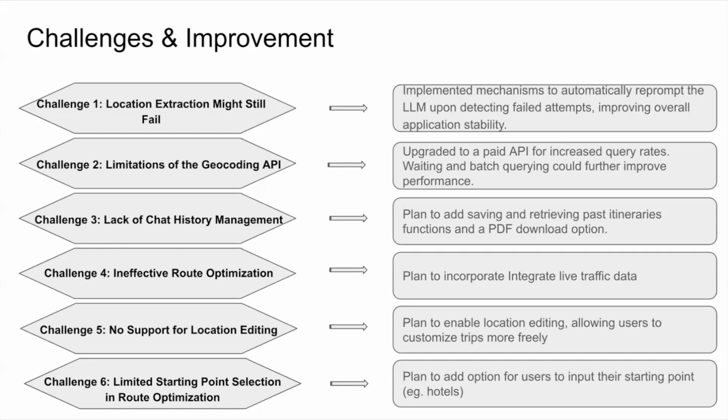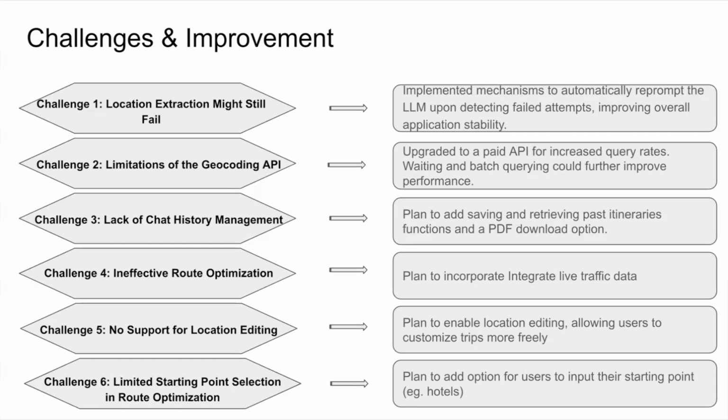Also, we are facing the limitation of our geocoding API, which currently restricts us to 50 queries per second. We are exploring higher capacity alternatives and negotiating better terms to expand our capabilities. Additionally, we will implement caching for frequently accessed data, significantly boosting our system efficiency.